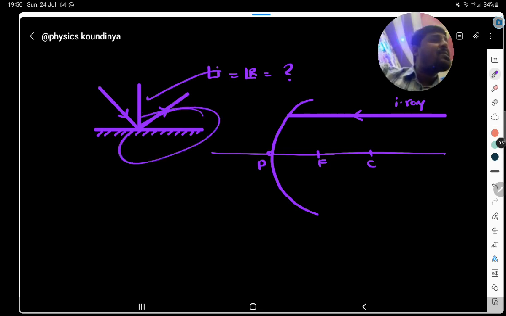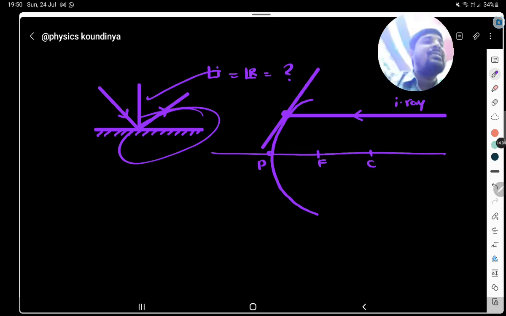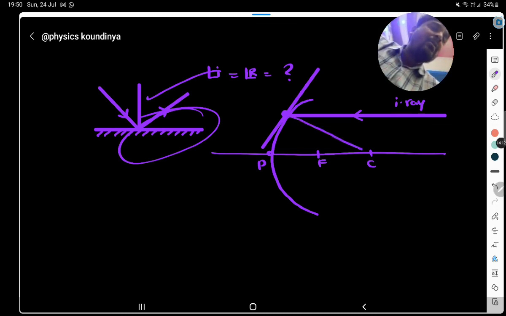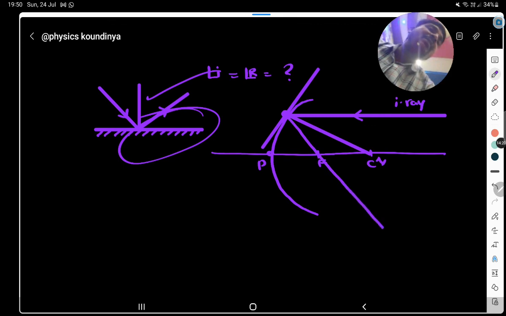But in this case, where are we going to draw the normal? The normal is perpendicular to the tangent drawn to the surface. See, this is the tangent. You know tangent? Tangent is a line which touches the curve at only one point. So now try to understand, this is our normal. Now we can easily understand where the reflected ray will be. Reflected ray will be something like this.